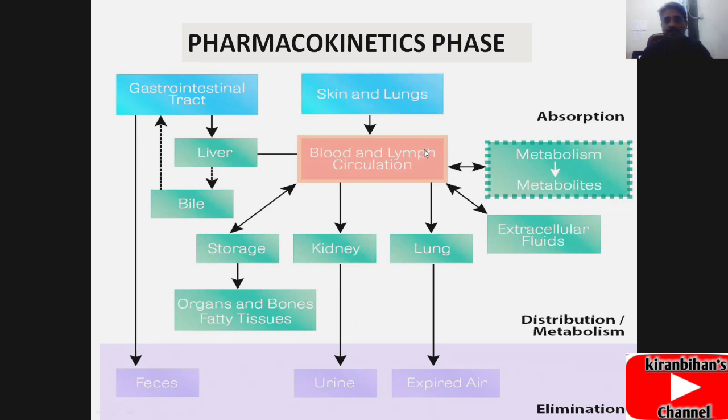And there are certain volatile substances like gaseous anesthetics like halothane or ethanol that reach the lungs and are excreted through the lungs. So this is very simple, at the same time complex, pharmacokinetic processes.